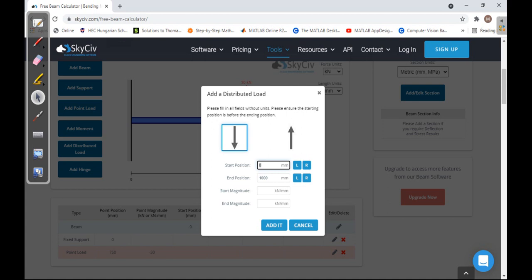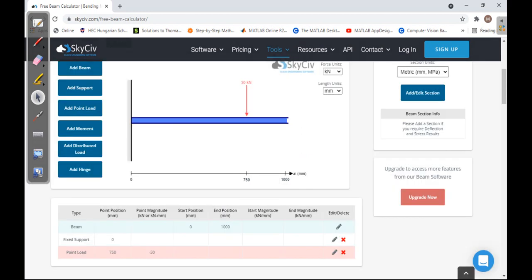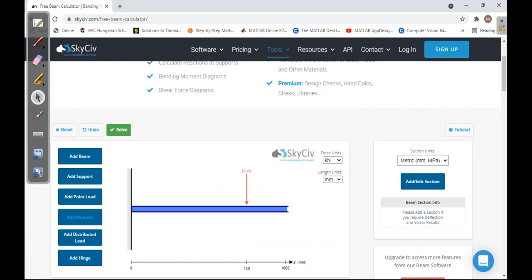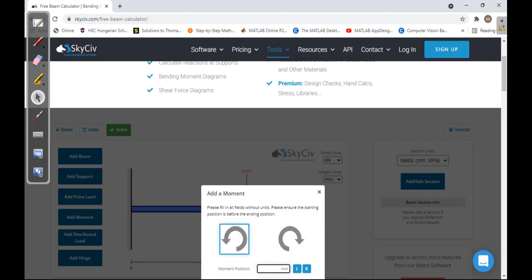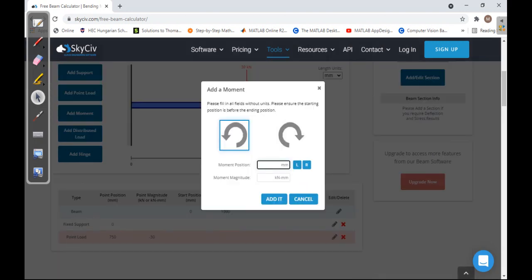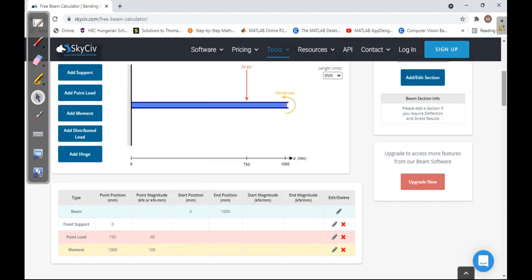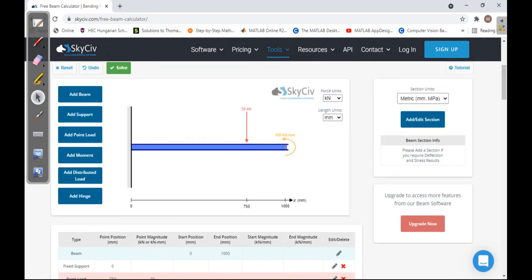Now add a moment at the right end, a moment of 1000, clockwise or anti-clockwise, whichever you want. Let's solve it.